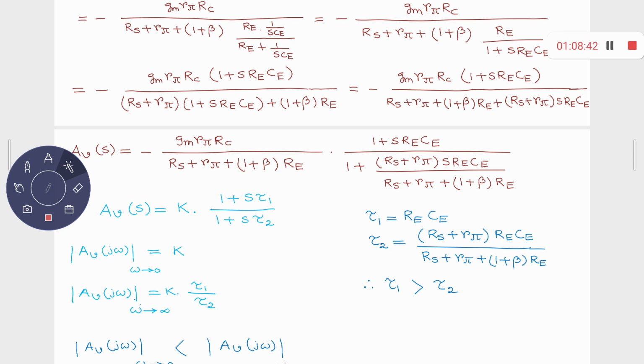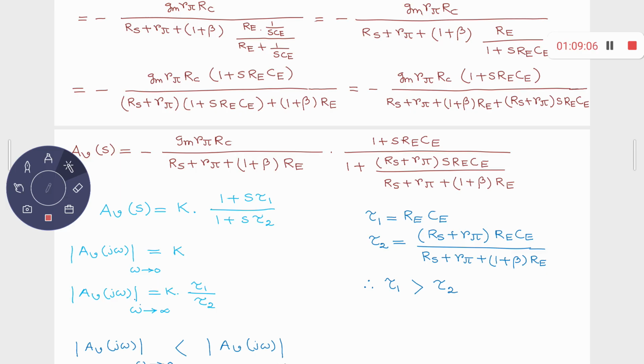And when omega is very large, infinite, it is nothing but tau 1 by tau 2 multiplied with k, because if you divide this expression by S, then 1 upon S plus tau 1 by 1 upon S plus tau 2, and at very high frequency 1 upon S becomes close to 0. So one time you find k, and second time you find k into tau 1 by tau 2.